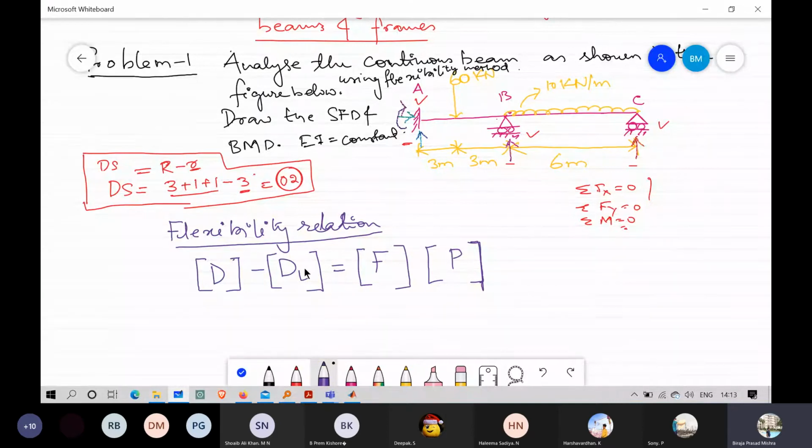Here generally all the variables or components are expressed in terms of matrices. So this entire thing is called the displacement matrix.